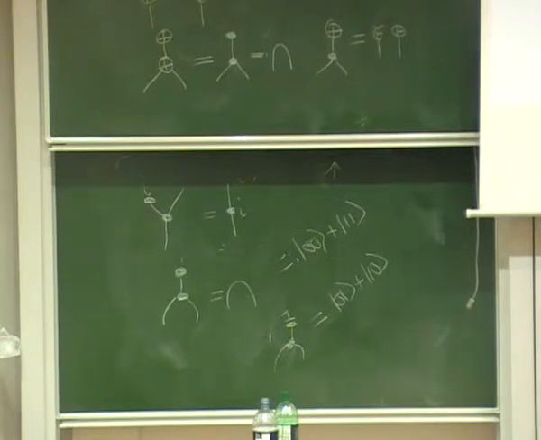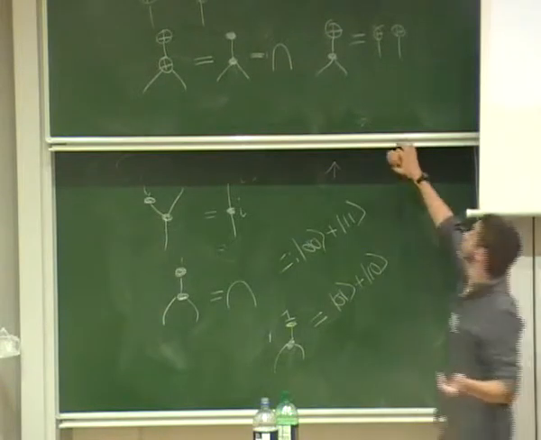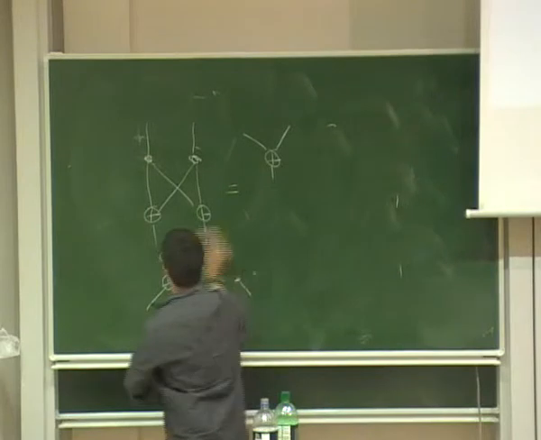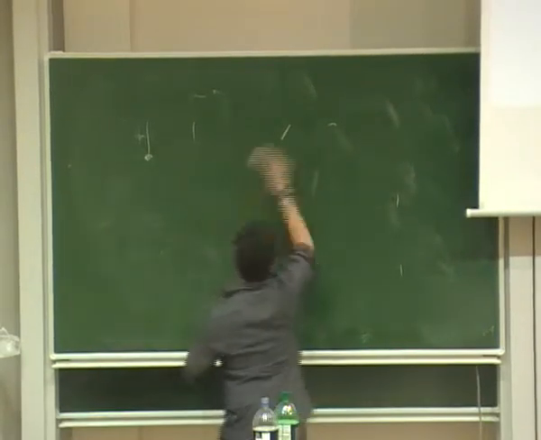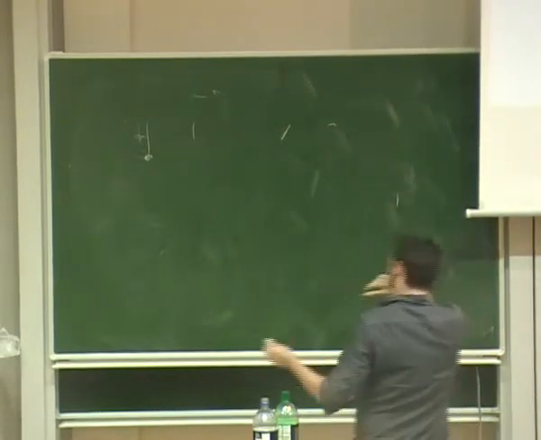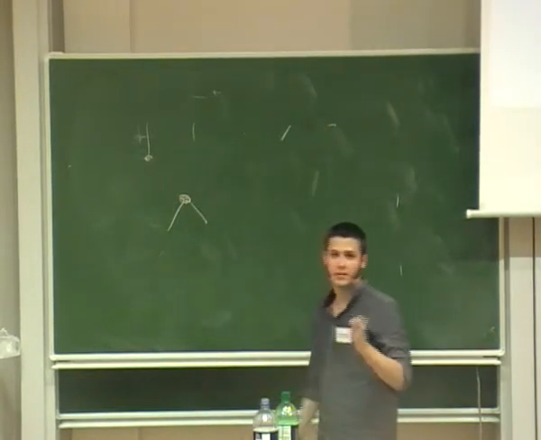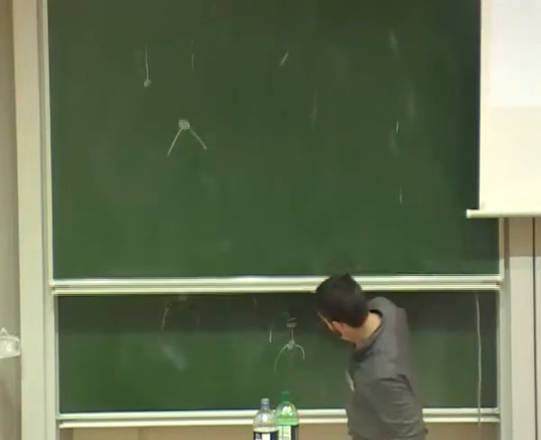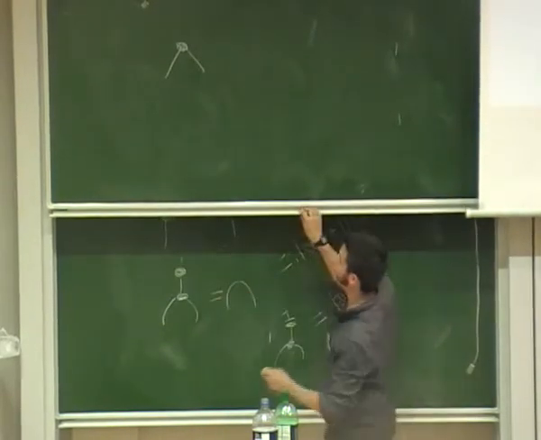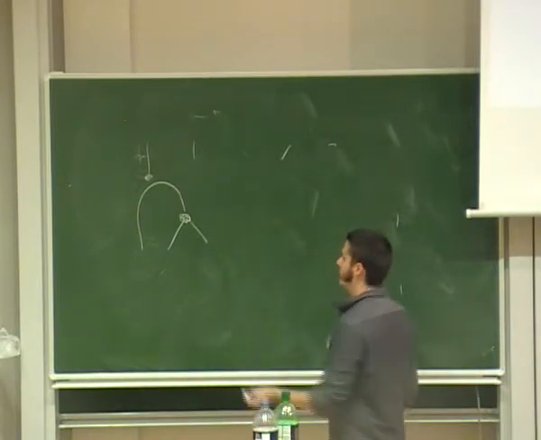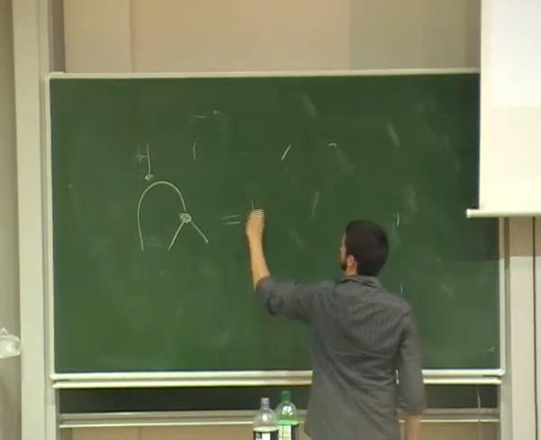And something that gives some new intuition about what these things are is: if you take this guy and you use that cup that I defined earlier to bend his leg over like that, you actually get a GHZ state.